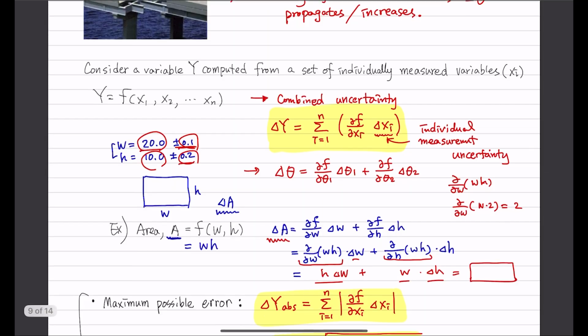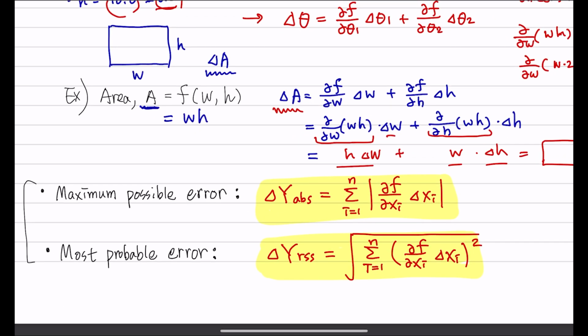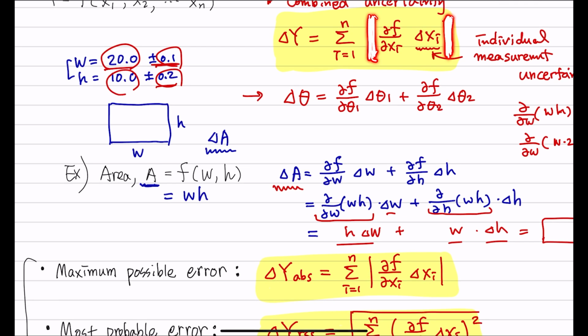Similarly, using this mathematical format, for the combined uncertainty, some people are more focused on getting the max possible error. What they do is they're looking for the absolute value of this and adding all those.